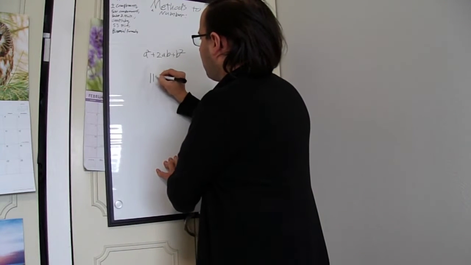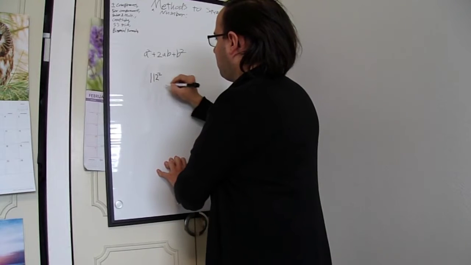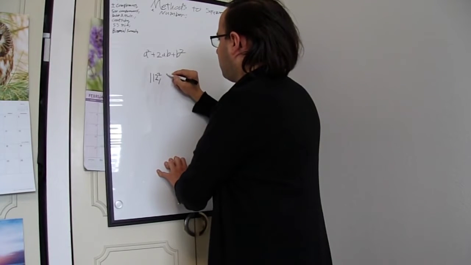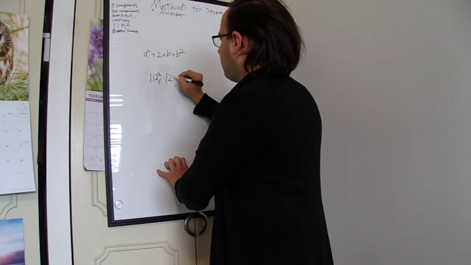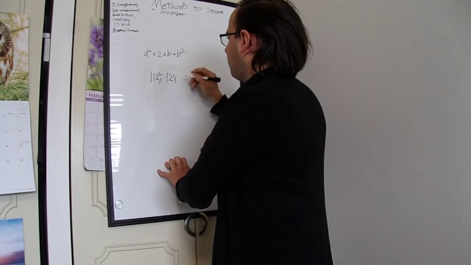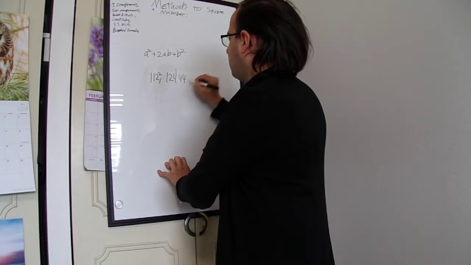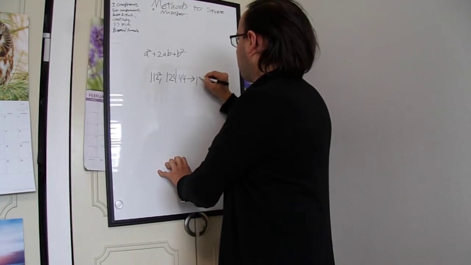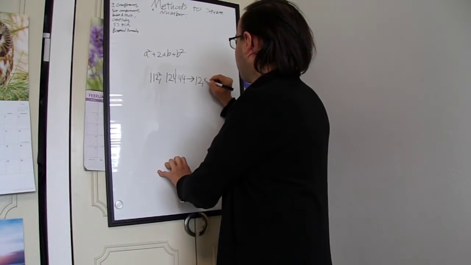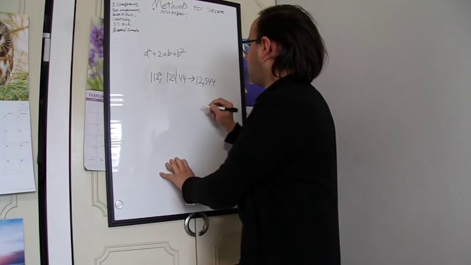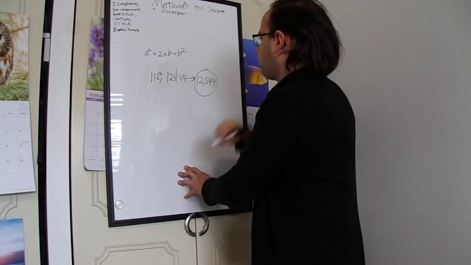Let's say you want to square 112. Well, you can do the same thing. Double that 12 to 24. Square it, 144. Now, so it's 12,544, which is the answer.